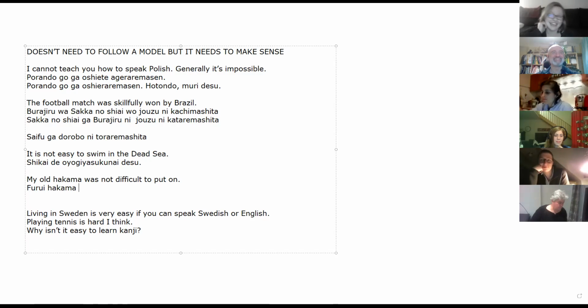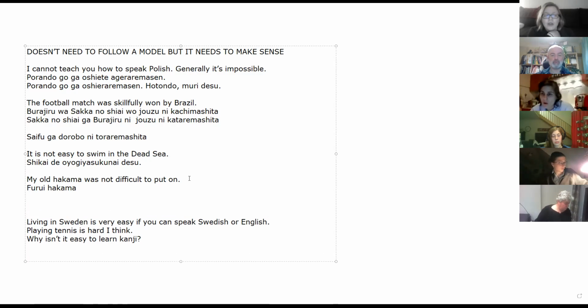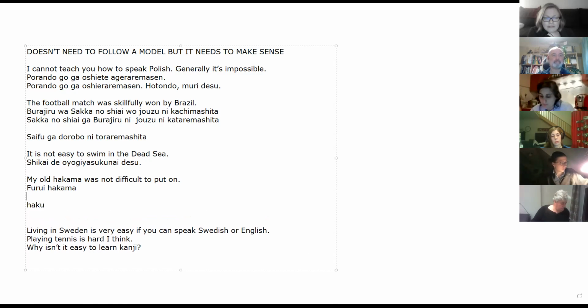Is this a passive form? No, this isn't a passive form. This is what we call an intensifier. And Amanda just made one. And hakama is below the waist, so it's not kiru. It's haku. Just haku.